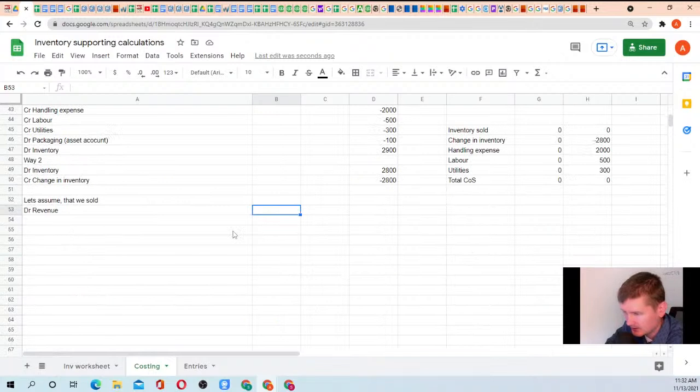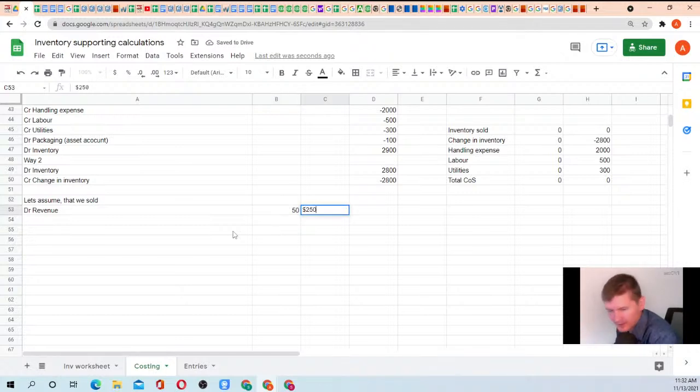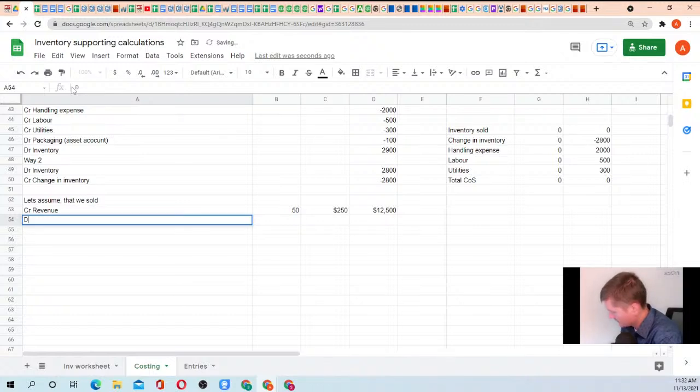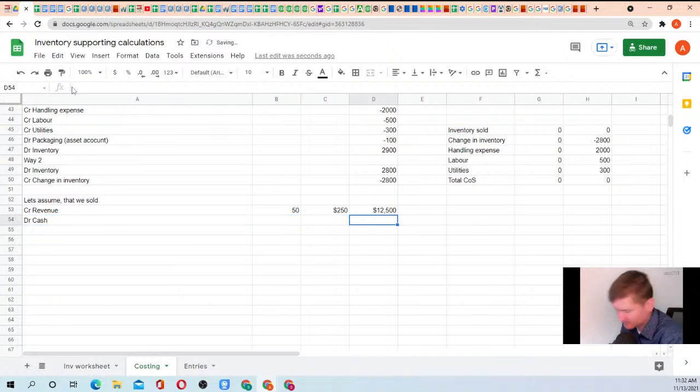Let's say we sold 50 matrices at 250 and we generated that amount of revenue. That should be credit revenue, of course. Debit cash. Credit revenue negative, debit cash positive.